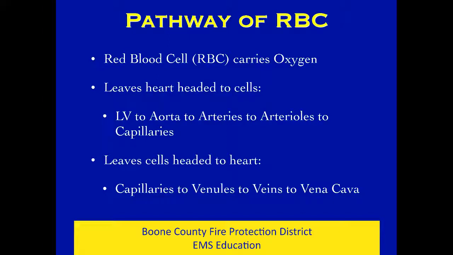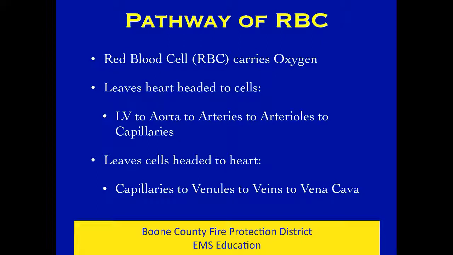The aorta branches off into arteries. Those arteries branch off and become smaller into arterioles. Arterioles are simply smaller versions of arteries. And the arterioles terminate in capillaries. Capillaries are the endpoint, right next to the cells. That's where the oxygen exchange, the gas exchange occurs.